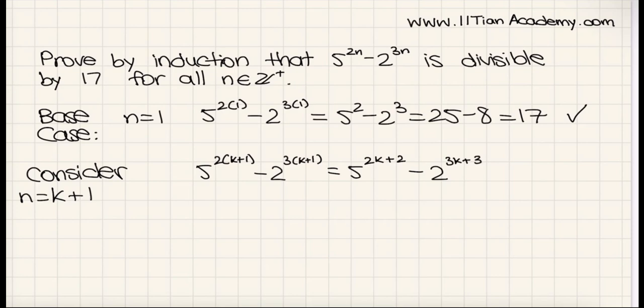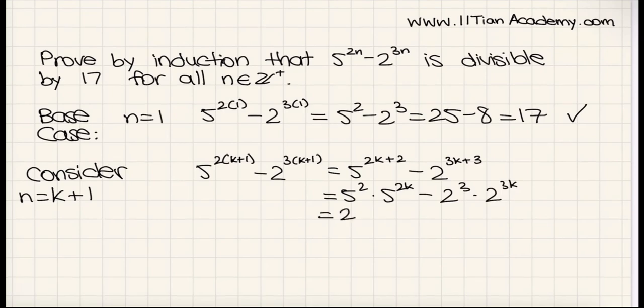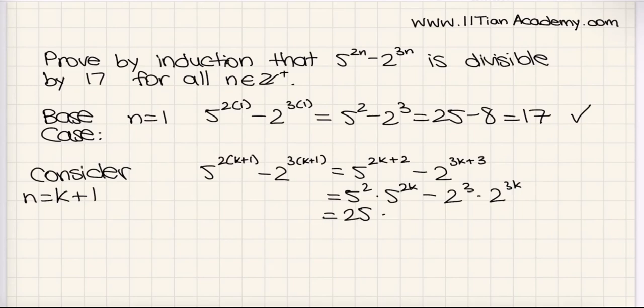Okay, now we're going to split these up into 5 to the power of 2 times 5 to the power of 2k minus 2 cubed times 2 to the power of 3k. That is going to give us 25 times 5 to the power of 2k minus 8 times 2 to the power of 3k.